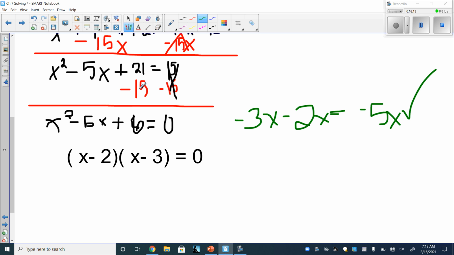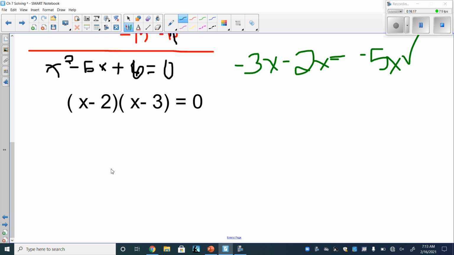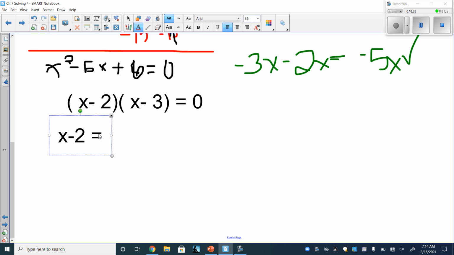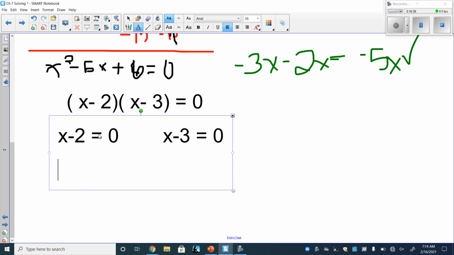So these here are the factors of x squared minus 5x plus 6. And because we have two things multiplied together that equal 0, it means that one of them has to equal 0. So either x minus 2 is equal to 0, or x minus 3 is equal to 0.